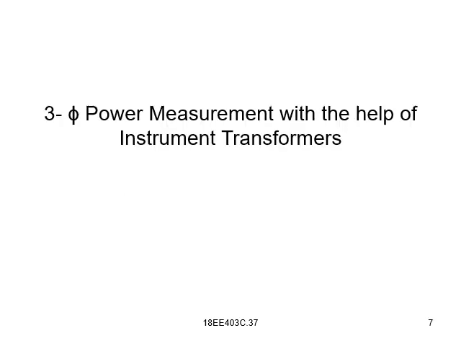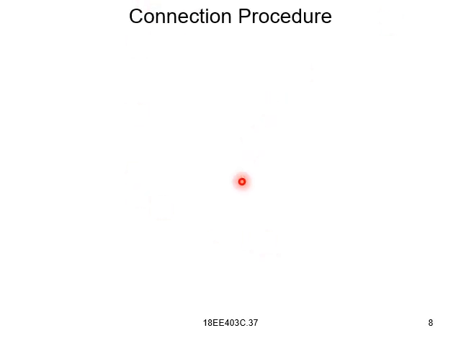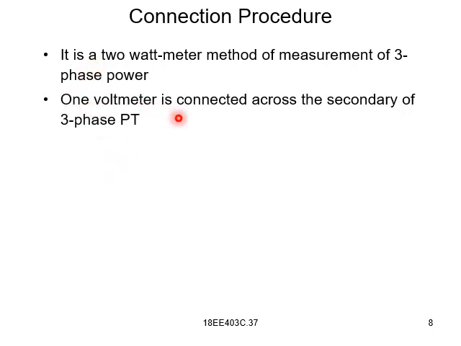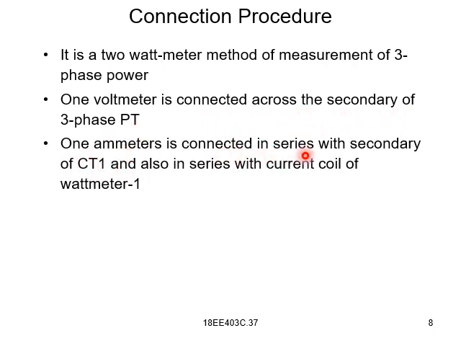Moving on to the next slide. Now the three-phase power measurement with the help of instrument transformers. Connection procedure. It is a 2 wattmeter method of measurement of three-phase power, and 1 voltmeter is connected across the secondary of three-phase PT. 1 ammeter is connected in series with secondary of CT1 and also in series with current coil of wattmeter 1.